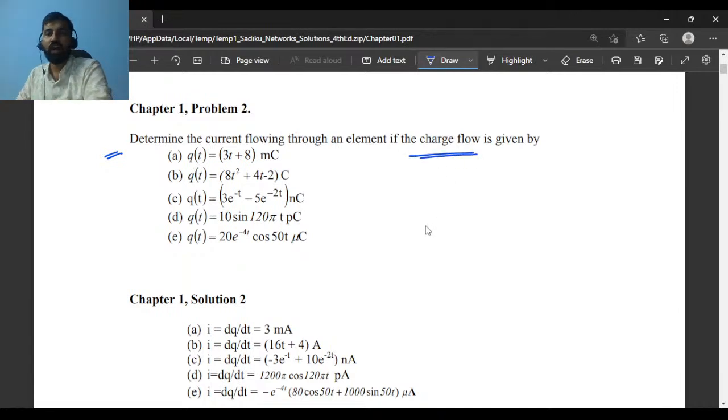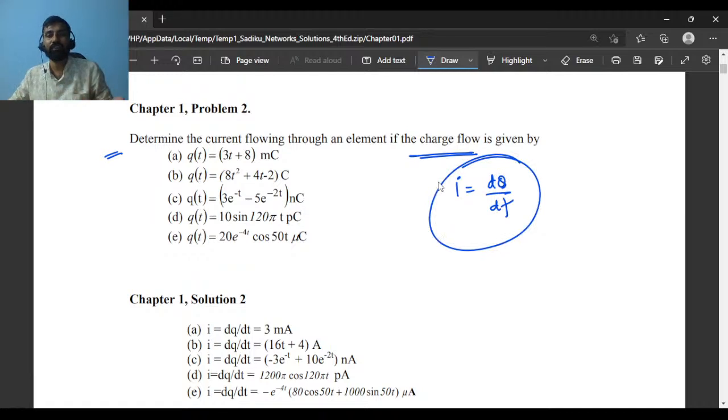You must know how current is defined: current is dq by dt, the rate of change of charge, or flow of charge. So here q is given, and you just differentiate.